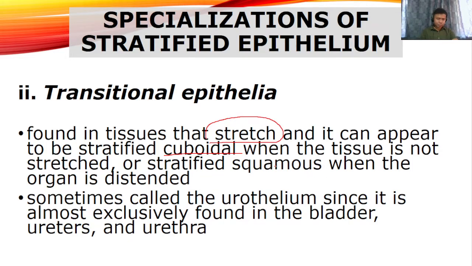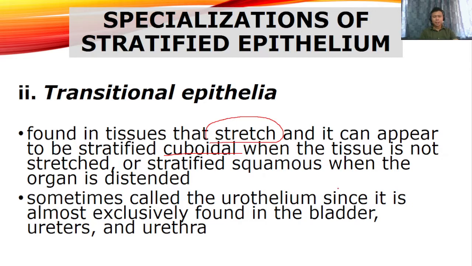Now, they are found in tissues that stretch, and it can appear to be stratified cuboidal when the tissue is not stretched, or stratified squamous when the organ is distended. Okay, so when we say distended, it's on its original size, no much volume inside it, meaning it tends to contract. By the time it stretches, the cells will elongate, having a cuboidal or columnar appearance. Okay, because transitional epithelia is a stretchable tissue.